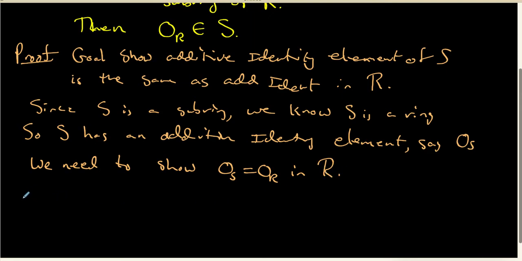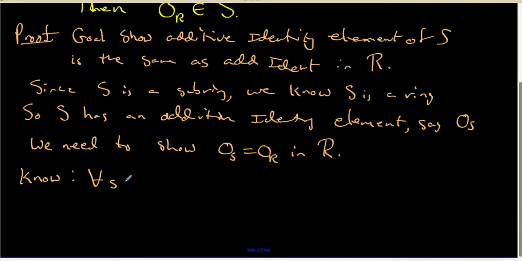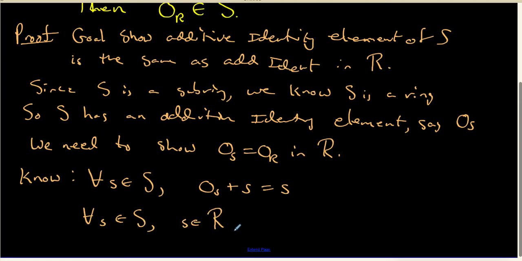And here's how we're going to do it. The first thing is that I want to list the things that I actually know about what's going on. I know that for every element inside the subring, 0s plus that s is equal to little s. But I also know that for every element inside the subring, that element also belongs to the big ring R. And so that means I also know that 0r plus little s is equal to little s.